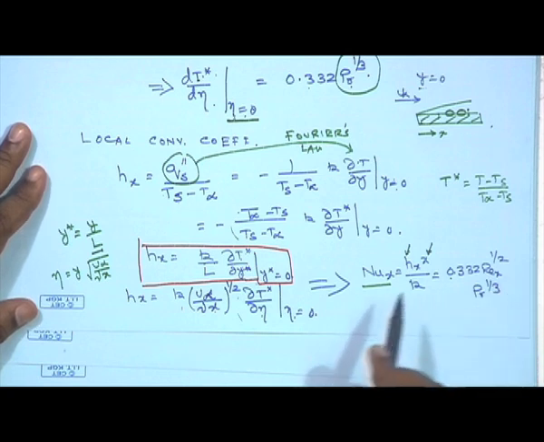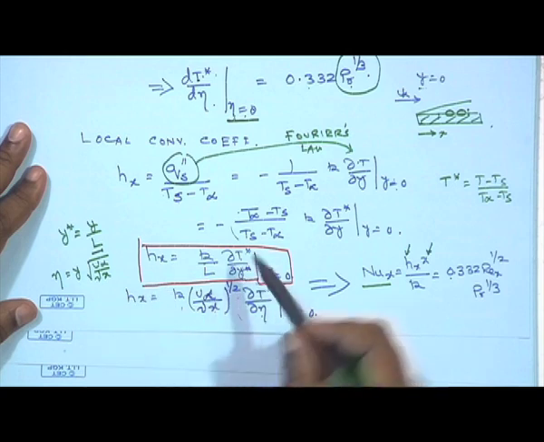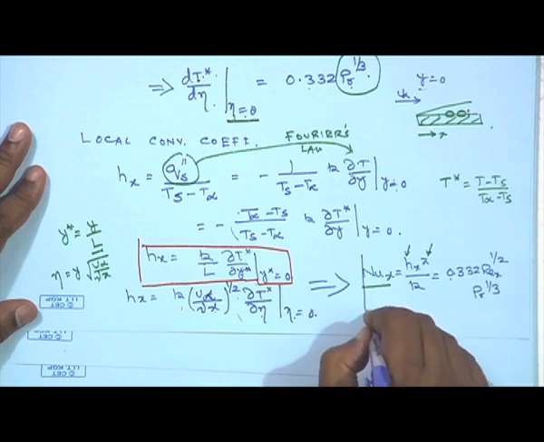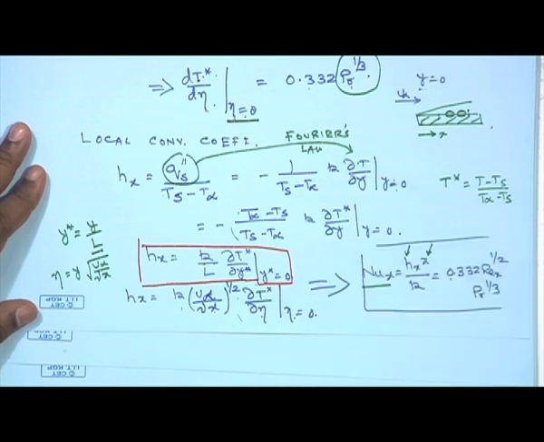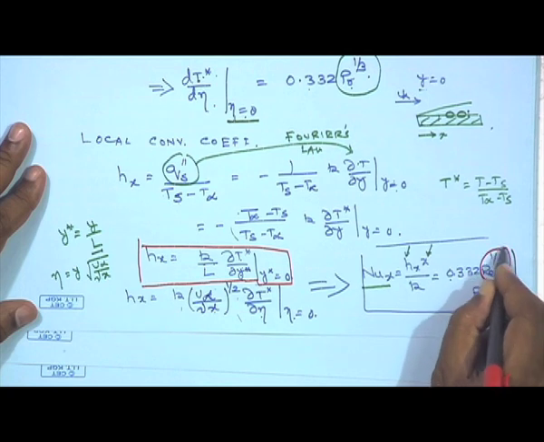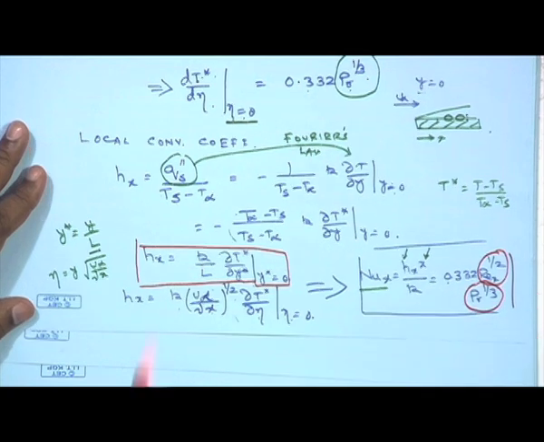So, the entire Nusselt number expression can now be obtained as a function of Reynolds number, as a function of Prandtl number.